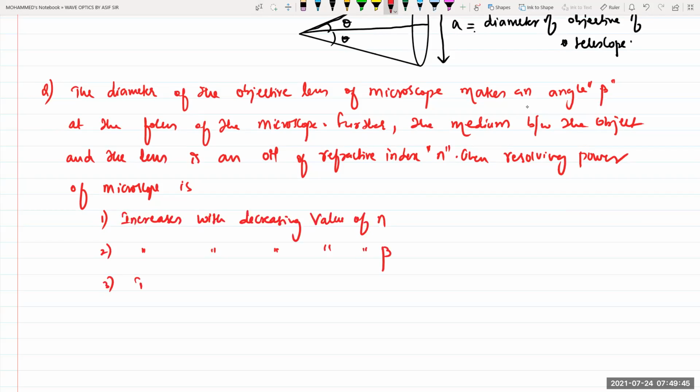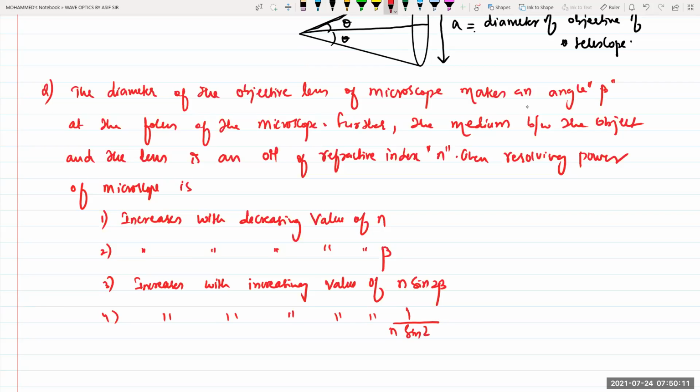Third: increases with increasing value of n into sine 2 beta. And fourth: increases with increasing value of 1 by n into sine 2 beta. So this is the question.